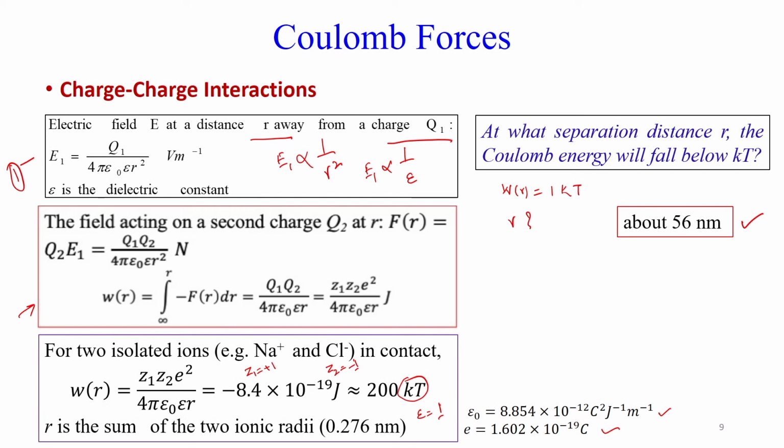So what it suggests is that it is a long distance interaction. If you remember, the covalent interaction acts at the atomic or subatomic level, 0.1 to 0.2 nanometer, but this is acting in the range of 50 to 60 nanometer.